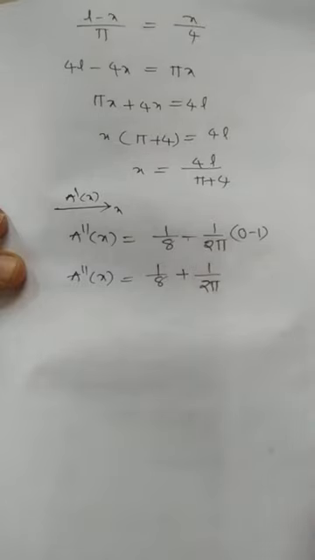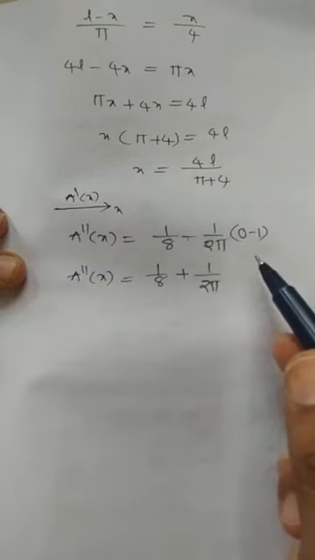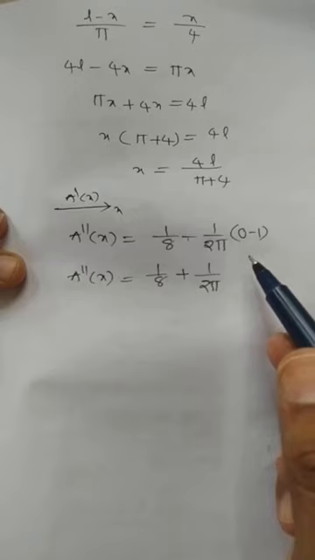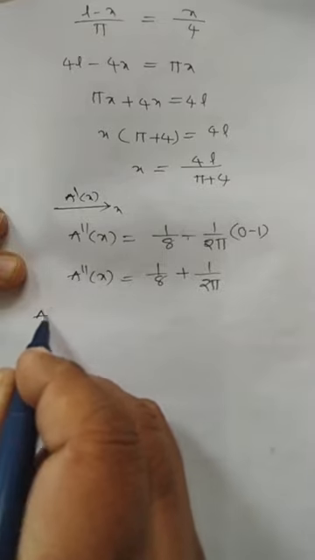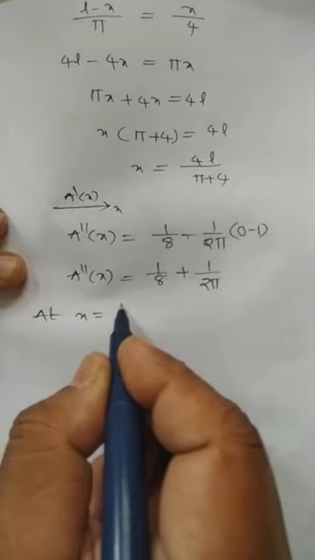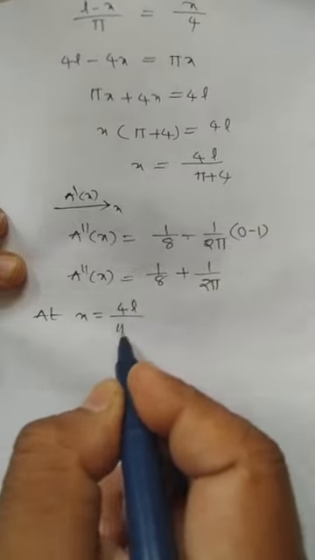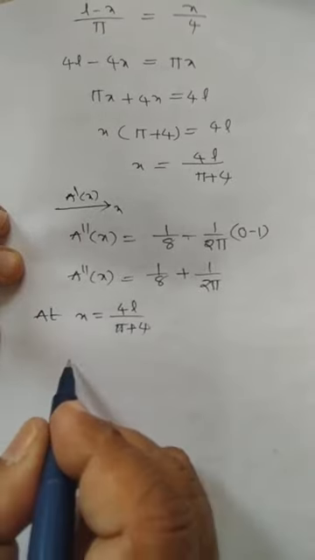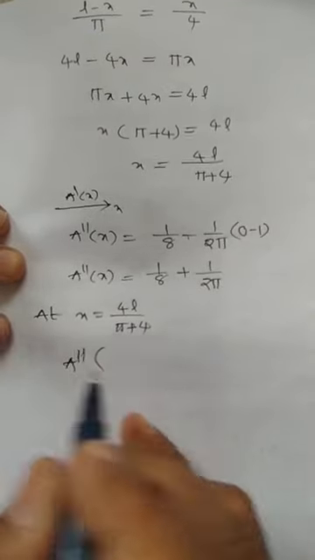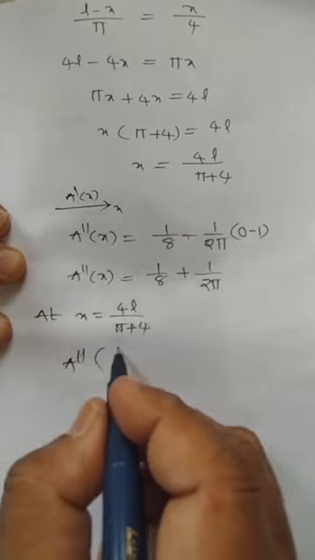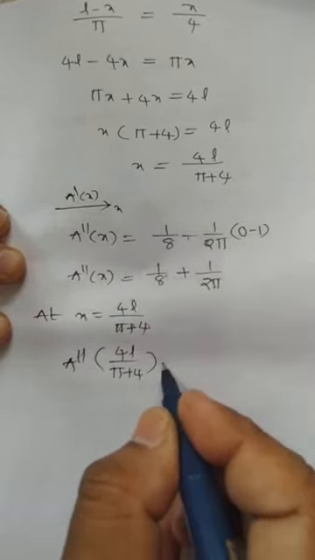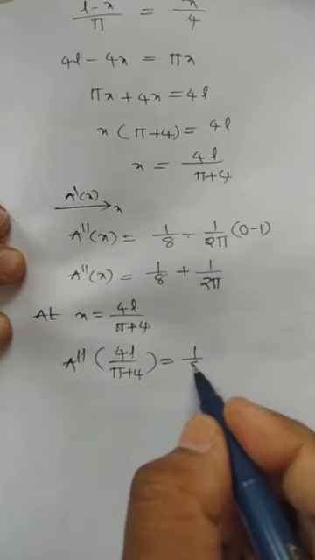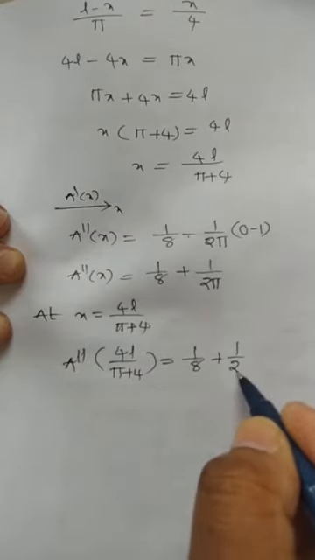It is obviously greater than 0, because there is no x to substitute here in the function. So at x equal to 4L by (pi plus 4), A double dash is 1 by 8 plus 1 by 2 pi, which is greater than 0.